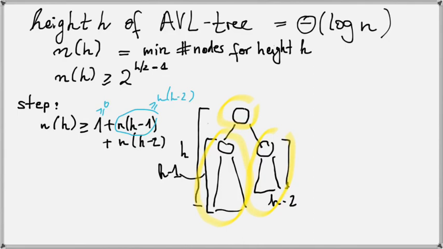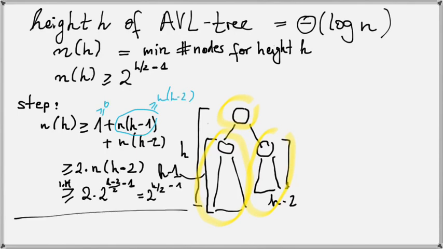So if I simply assume that I'm counting the minimum number of nodes in a tree of height h minus 2, that just gives me a lower number, and if I'm interested in a lower bound, I can simply replace that here. And the 1, obviously, I can also drop, since 1 is positive, so I'm left with 2 times n of h minus 2. If I plug in the induction hypothesis, this gives me 2 times 2 to the h minus 2 divided by 2 minus 1, which then is exactly the bound that we wanted to get.